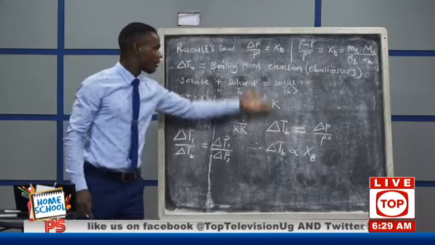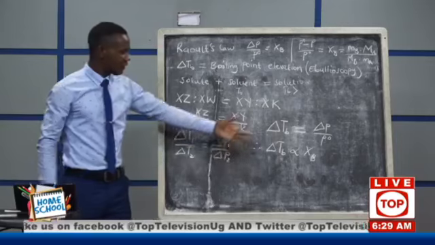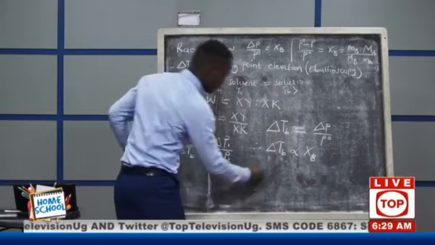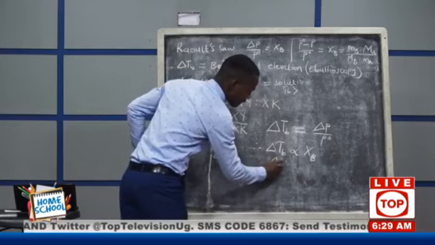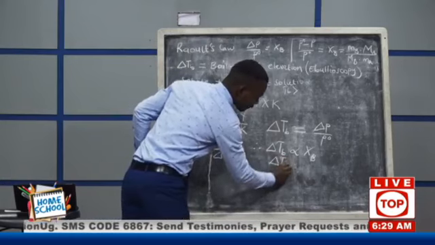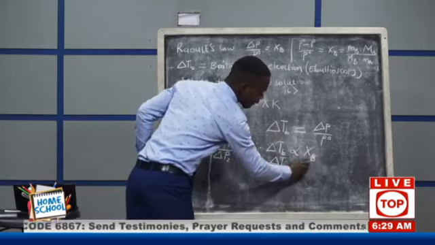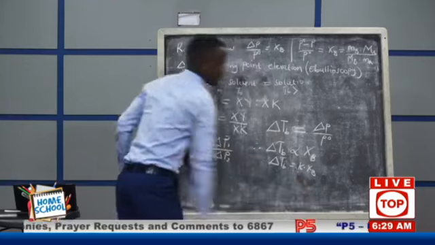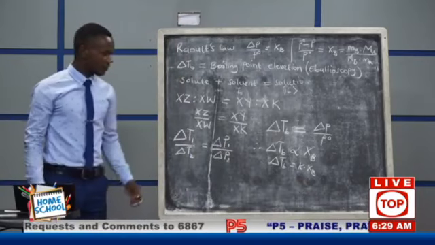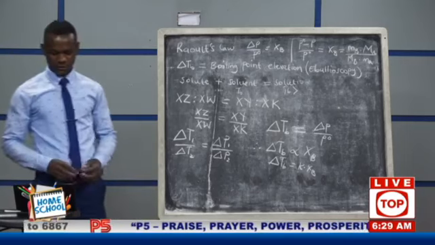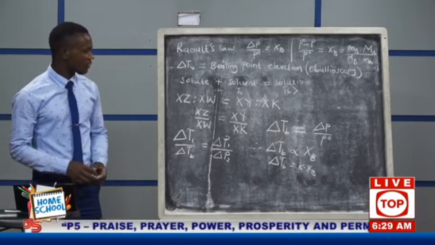So you compare the two and you come up with this conclusion. And remember, when we have the proportionality sign, we say that the boiling point elevation will be equal to a constant times the mole fraction of the solute. K is a proportionality constant.